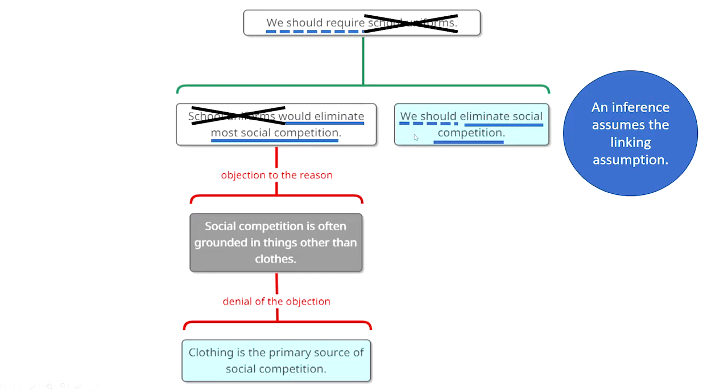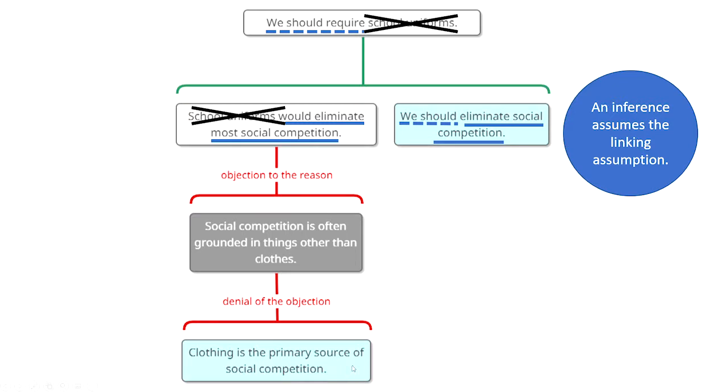Now, the thing to notice here, I think, is that these hidden assumptions, or these now explicit but otherwise implicit presuppositions that I have in the blue boxes, are in some sense explicitly there in the argument.